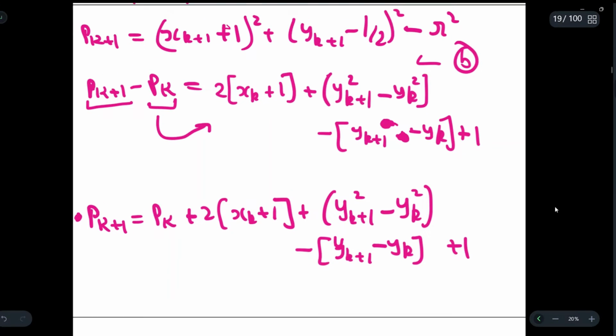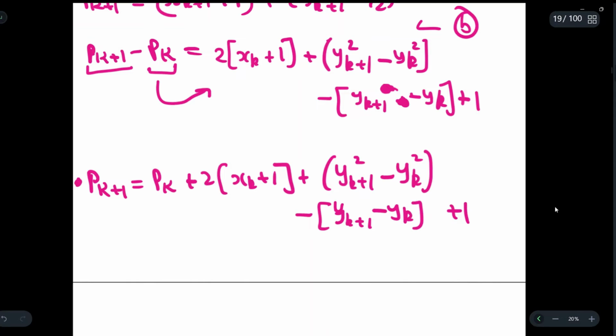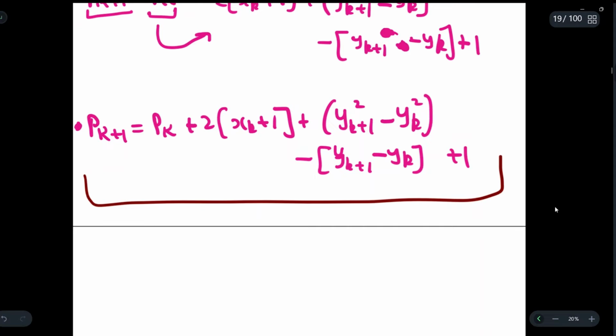So now we will consider two cases. That is, now we have found out pk plus 1. Now we will be considering two cases for pk. Case 1: if pk is less than 0, then we will take the value of yk plus 1 as yk.